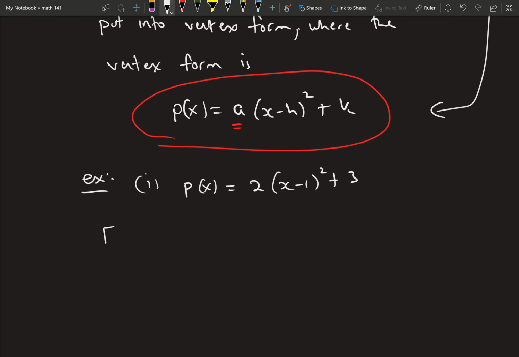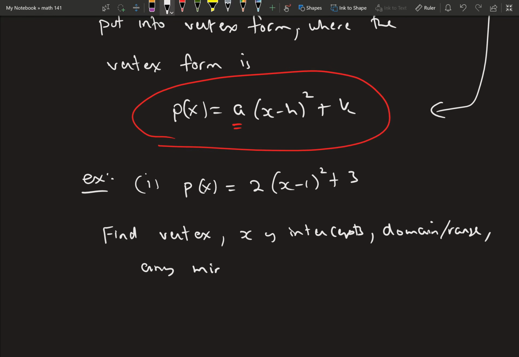We want to find what's called the vertex, and I'll tell you what that is in just a second. We want to find the x and y intercepts. We want to find the domain and range. And we want to find any what are called minimum or maximum values of p of x.